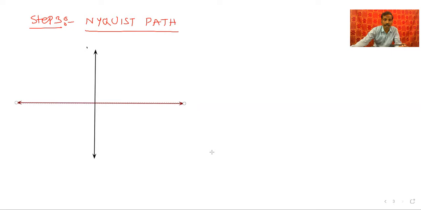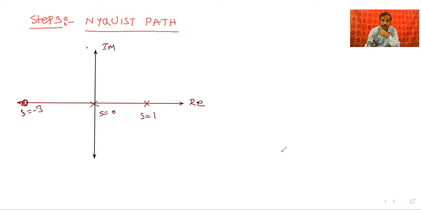One pole at the origin, another pole at s equals to 1, and this is the zero, s equals to minus 3.